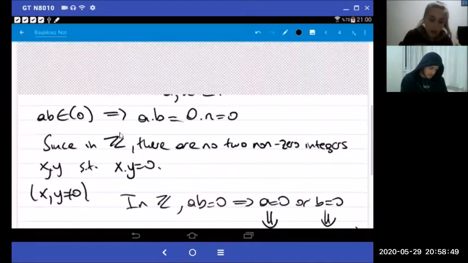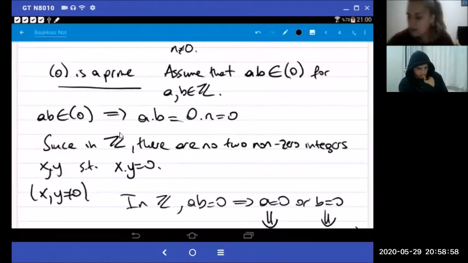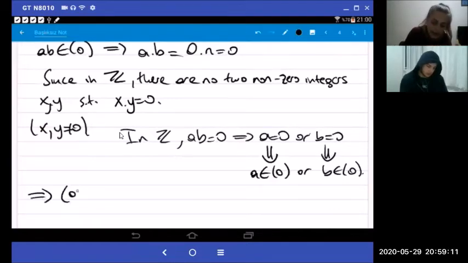Okay, so we have taken an arbitrary product of two elements, a times b, whose product lies in the ideal generated by 0. At the end, we have shown that one of the elements must lie in the ideal. Okay, so this means that the ideal generated by 0 is a prime ideal.